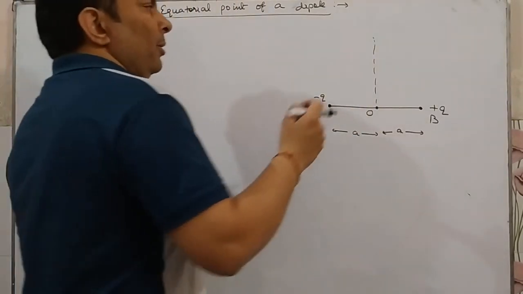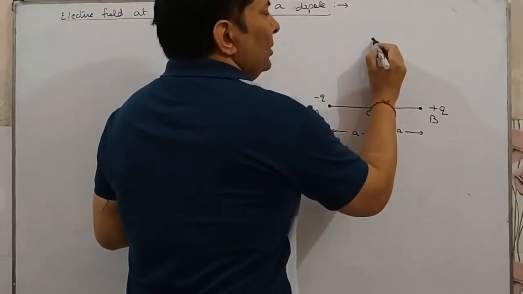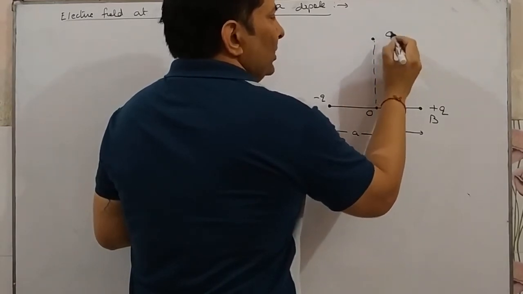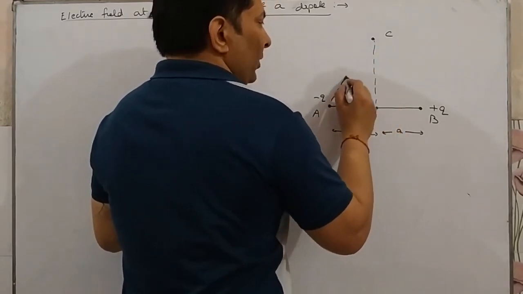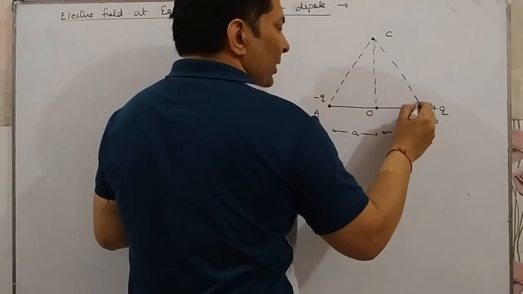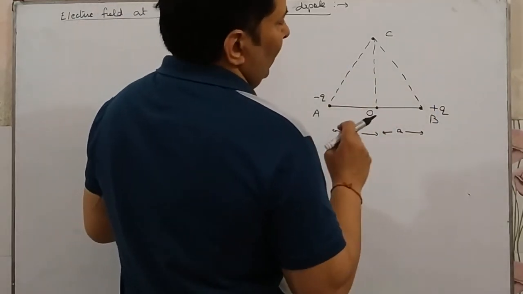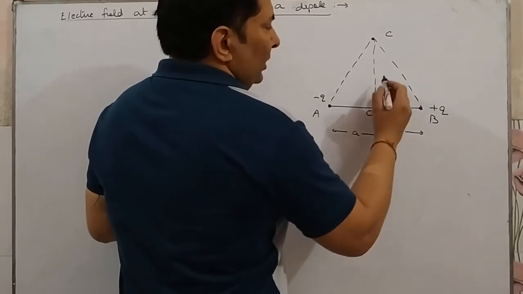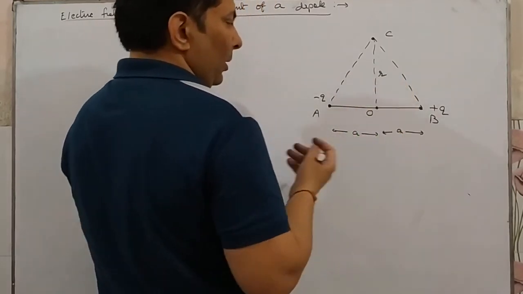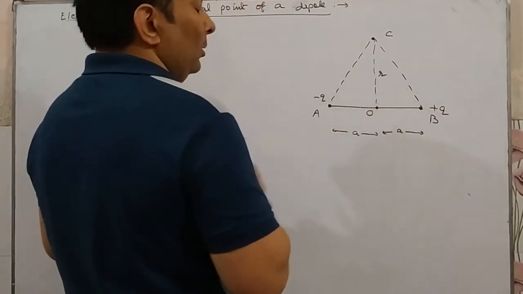At the point here, again the point is C. So we are looking for the electric field at this point C. Let the distance from point O be r.